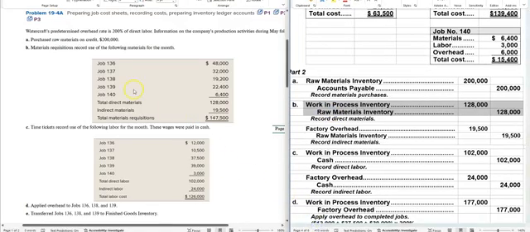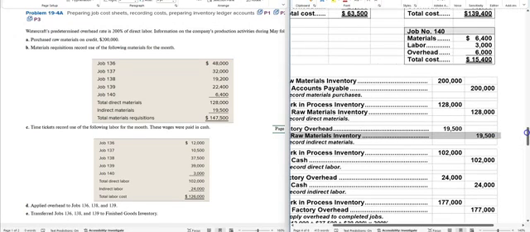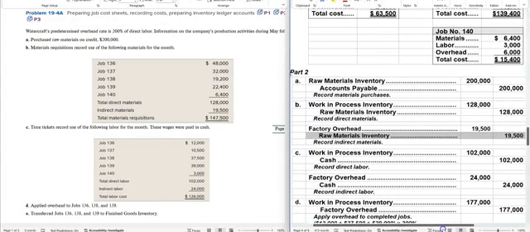Okay. In addition to that, we also called into production indirect materials, 19,500. All materials, when we bought them, were put into raw materials. The indirect portion needs to come out of raw materials with a credit, and we record the cost of the indirect materials, or the overhead cost, directly into the factory overhead account with a debit.